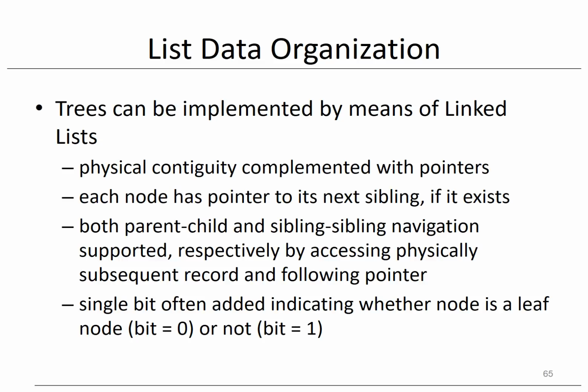In this way, both parent-child and sibling-sibling navigation are supported, respectively by accessing the physically subsequent record and following the pointer. Also, there is no need to store each node's level. This information can be inferred from the physical positions and the pointers.